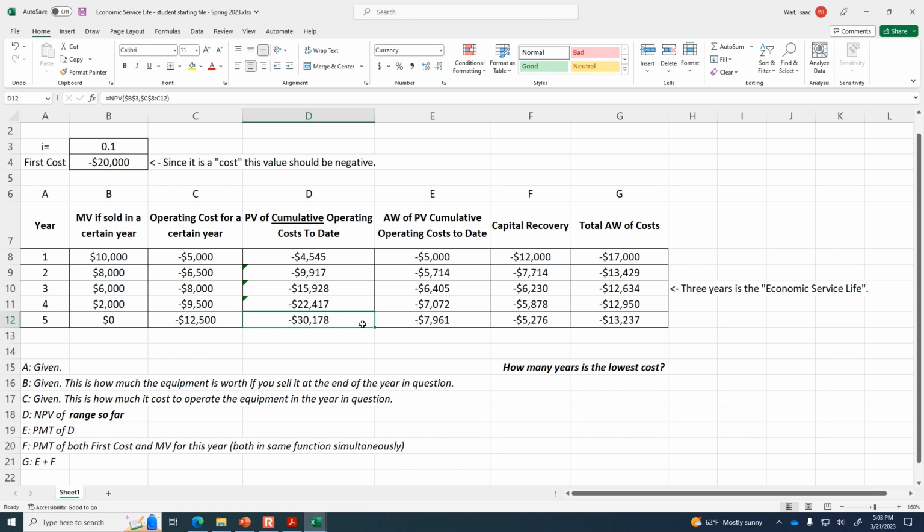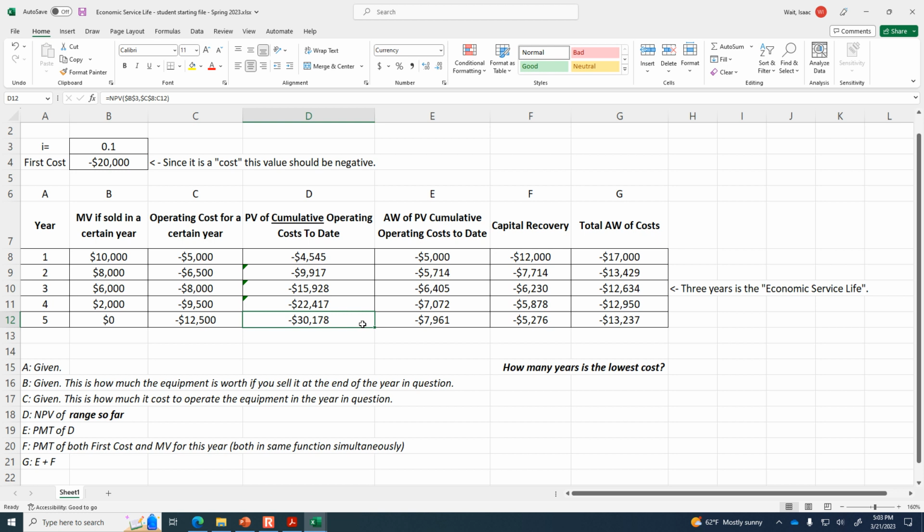So A equals 7,961. So the idea is, if you were operating a business, it would be really challenging to have your operating costs going up every year like that. So what you'd want to do is you'd want to know, instead of having variable operating costs, how much do I have to just count on spending the same amount every year? So you'd say, well, I'm going to take these variable operating costs to the present, and then from the present, spread it out as an annual series.